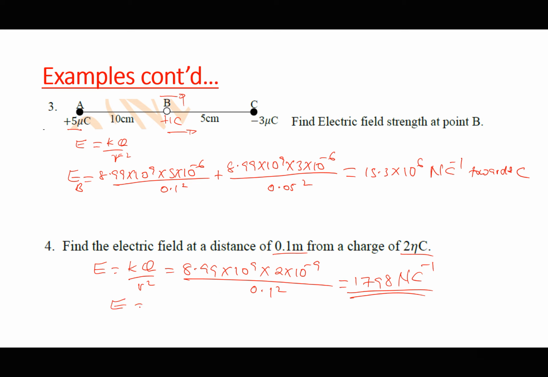Remember to use E as Q over 4 pi epsilon m times R squared, where epsilon m is the permittivity of the medium. Always remember that. Unless it is a vacuum, that's when we use K as 8.99 times 10 power 9, or unless it is air. Another medium, this cannot work.